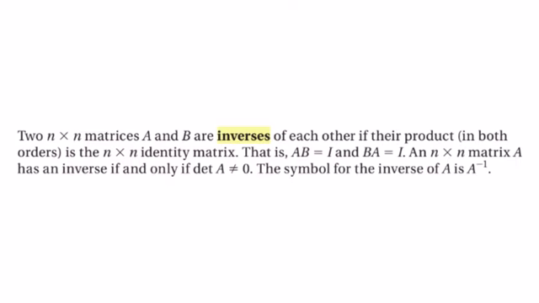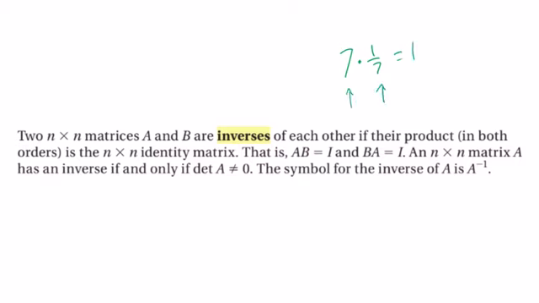Two n by n matrices A and B are inverses if their product equals the identity. That is similar to the idea of inverses with real numbers. 7 times 1/7 equals 1, so those are considered inverses.